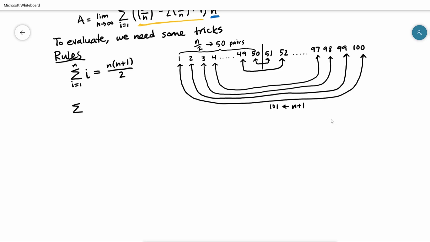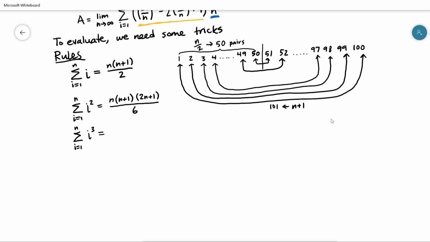So what if instead of adding up all of the numbers themselves, I want to add up every single number squared? Well, it turns out the formula for this looks like n times n plus 1 times 2n plus 1, whole thing divided by 6. And the last one: what if I want to add up each number cubed, so the cube of each number?